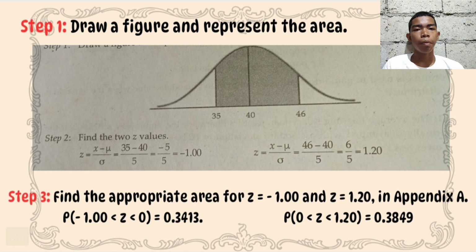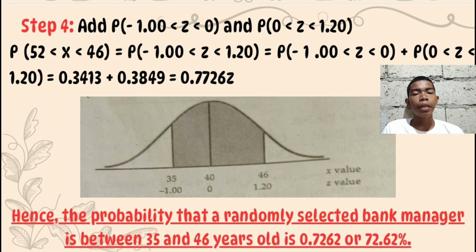So step 3, find the appropriate area for z equals negative 1 and z equals 1.20. So probability negative 1 is less than z less than 0 equals 0.3413. The second z value: probability 0 less than z less than 1.20 is equal to 0.3849. So add the probability negative 1 less than z less than 0 and probability 0 less than z less than 1.20.